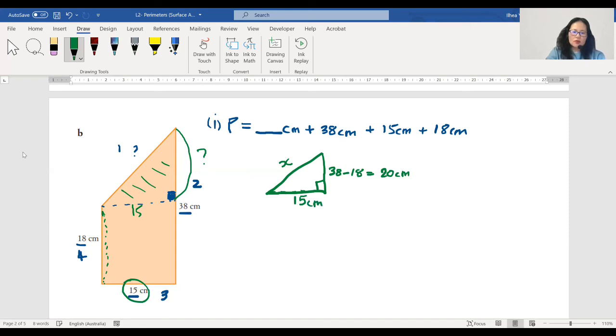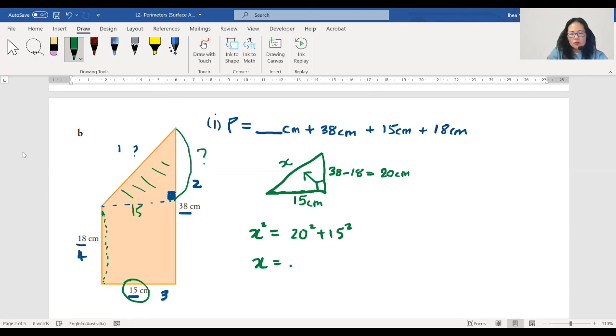All right, so do you remember Pythagoras theorem? It was x squared, the hypotenuse, because it's opposite to the right angle, the longest side of the right angle triangle. x squared equals 20 squared plus 15 squared, right? But we don't want to know x squared, we just want to know x.